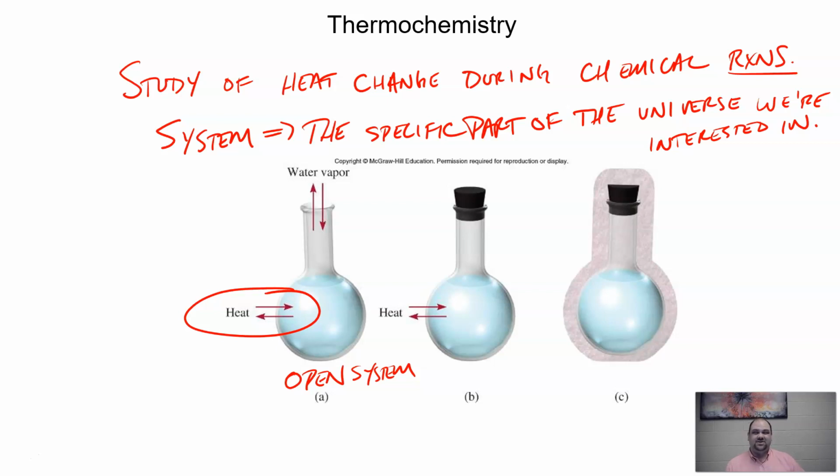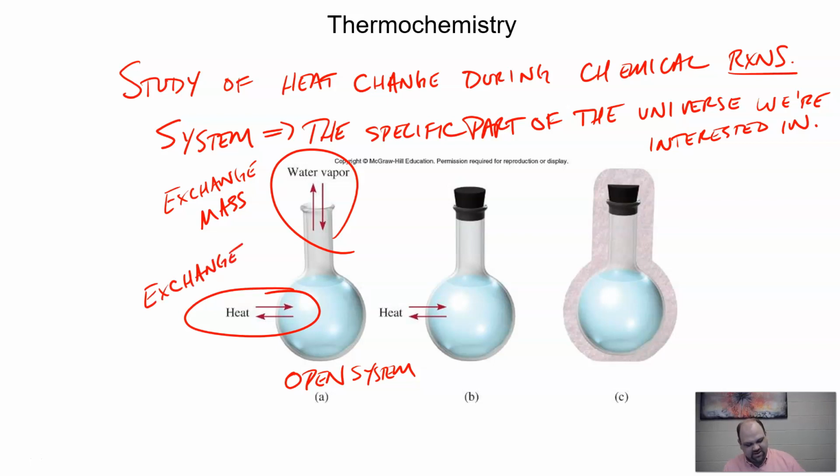That is, there is a flow of thermal energy. But we can also exchange mass. They're using water vapor here. So we have an exchange of mass, but we also have an exchange of energy. Okay? Think about just a beaker out on a bench top.